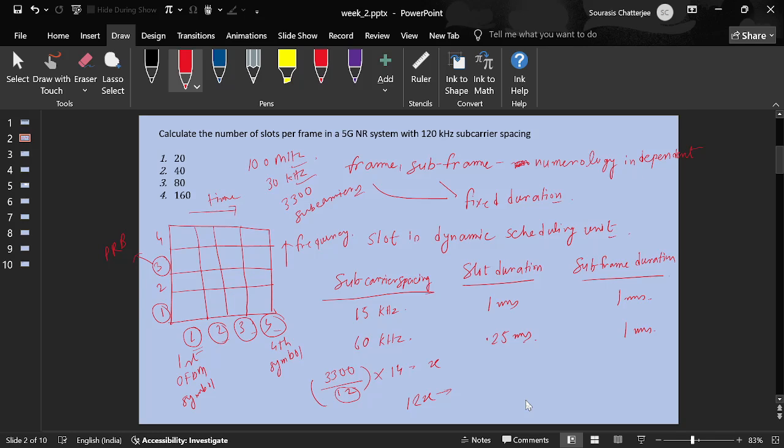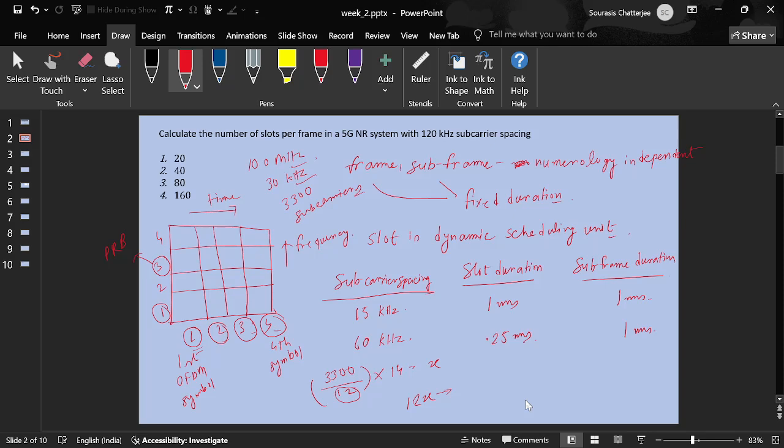So based on this discussion, what is the number of slots per frame with 120 kilohertz of subcarrier spacing? It will be 80. And how did we achieve that number?